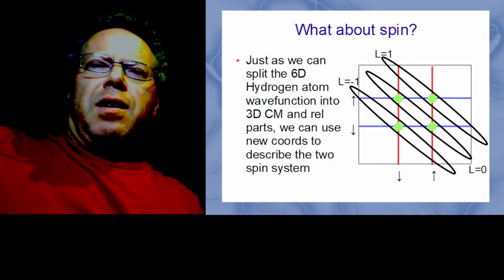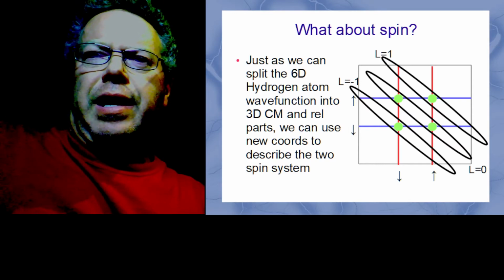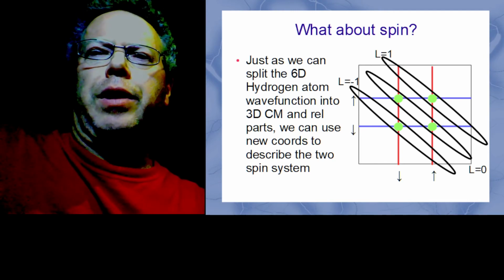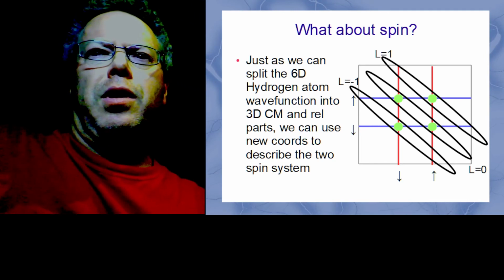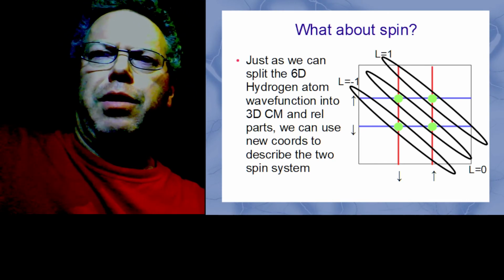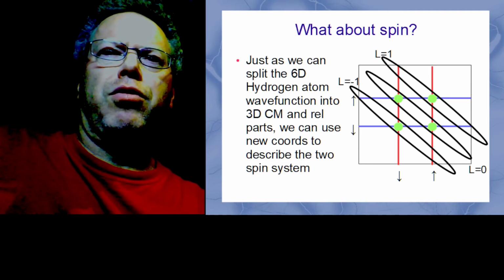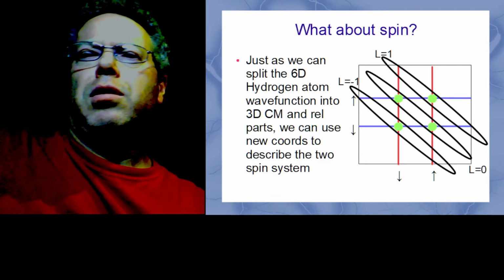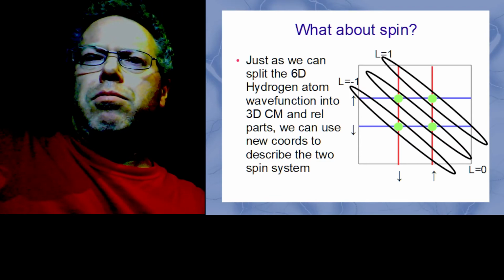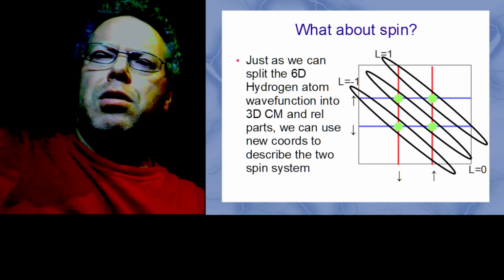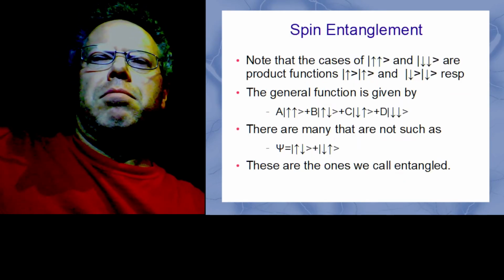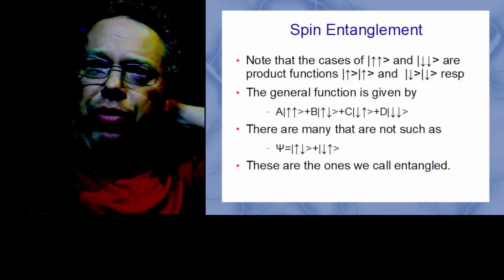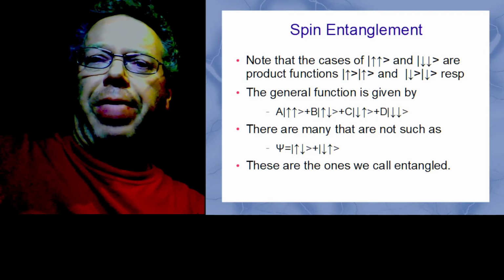And not surprisingly, I can regroup these as I usually do with angular momentum. I can define new variables and take linear combinations of them, symmetric or asymmetric, depending on if they're fermions. And so my point is only to make you see the connection to the previous picture.